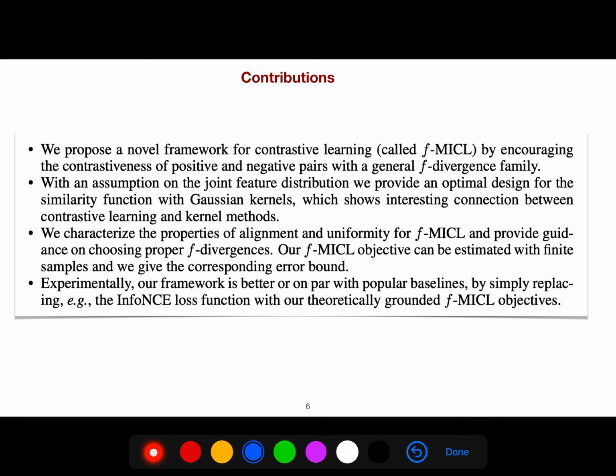There are three contributions in this interesting paper. First, they propose a novel framework for contrastive learning, which is called FMICL, by encouraging the contrastiveness of positive and negative pairs.